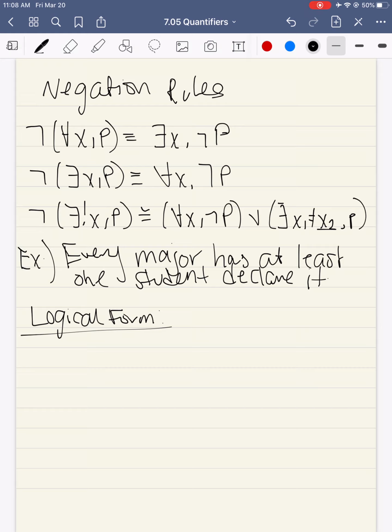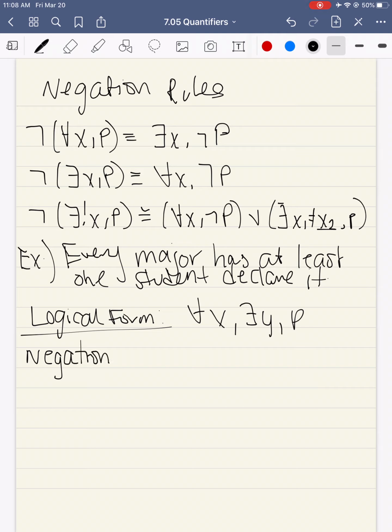And this is going to be for all x, there exists a y such that P. So that's the form here. If x is the variable major, y is students, and then P is the form x major declares y students, or y students declare x major, or something like that, to fit the form that we did before. So then we want to negate this statement.